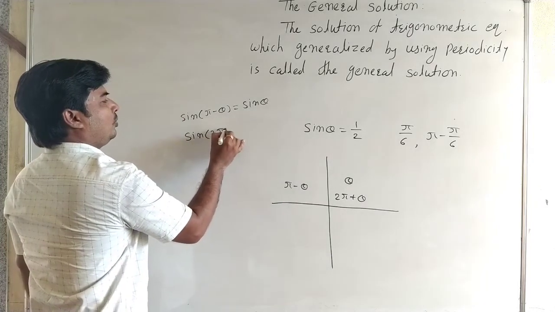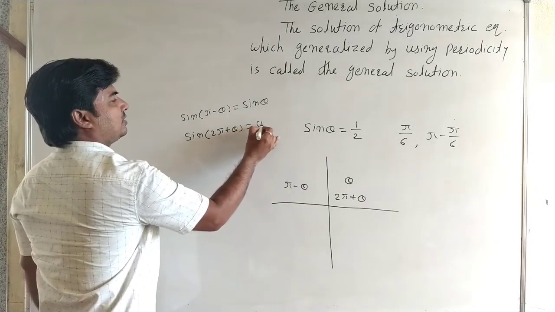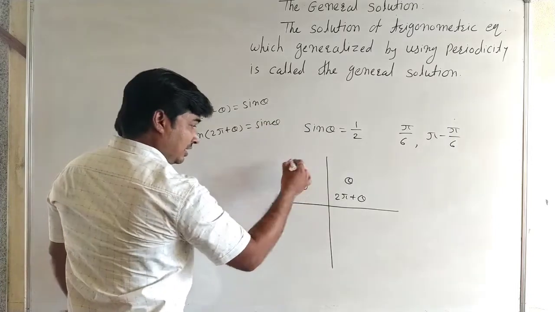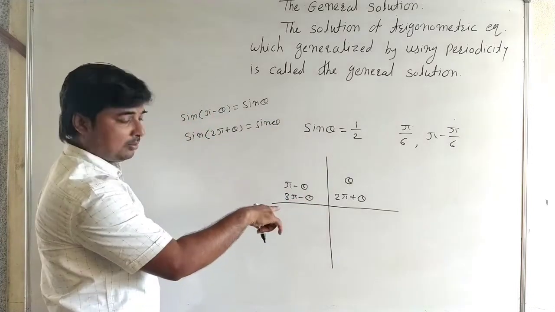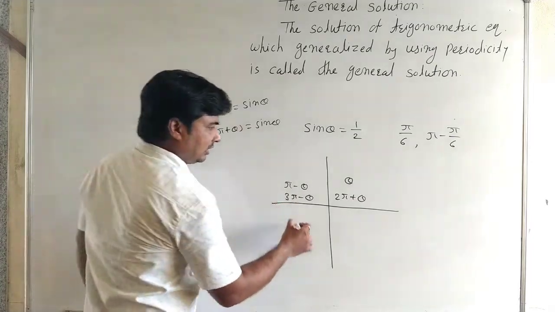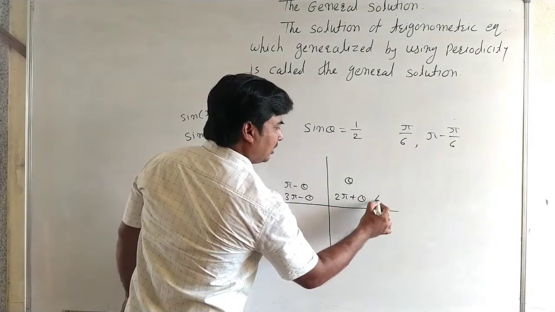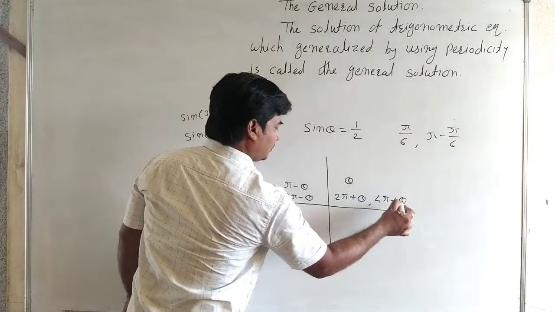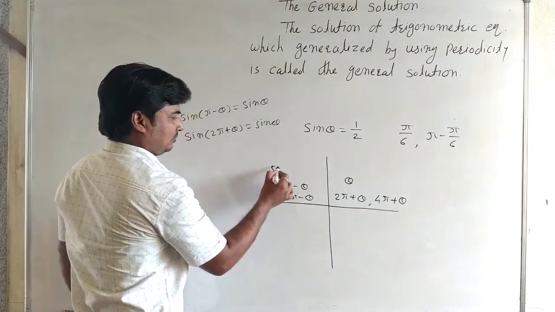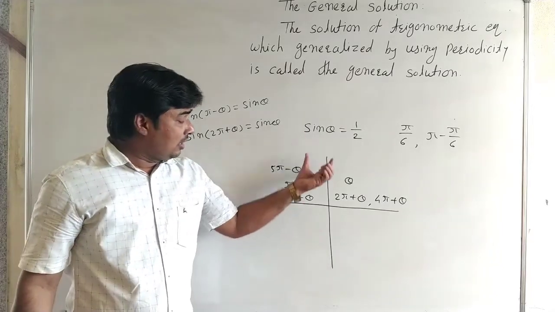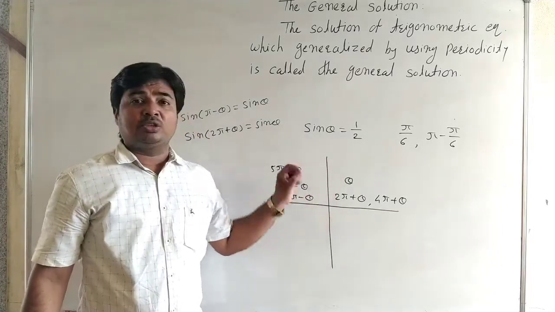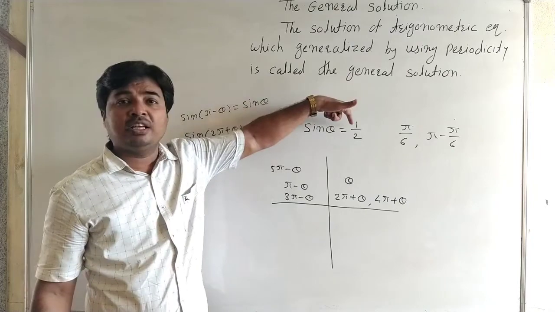Again sin 3 pi minus theta is also sin theta. Then 4 pi plus theta, again 5 pi minus theta, which lies in the second quadrant. All of these are solutions of sin theta is equal to 1 by 2.